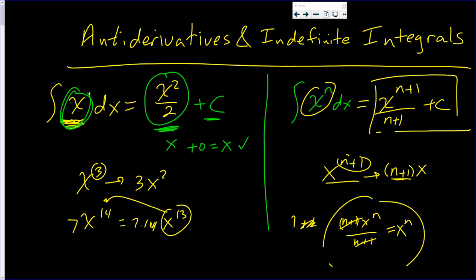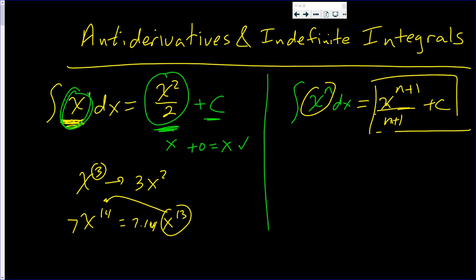Well, you can't divide by 0, and you will be dividing by 0 if n is -1. So for this formula, n cannot be -1.